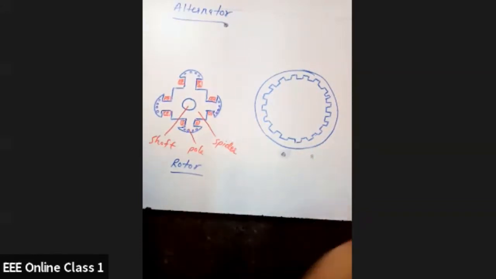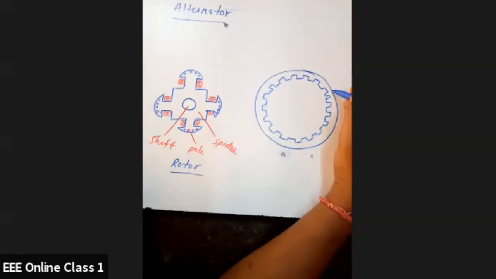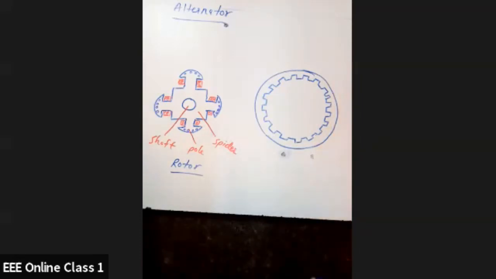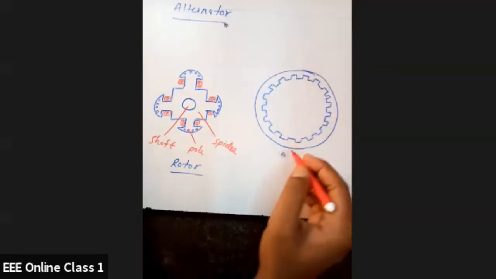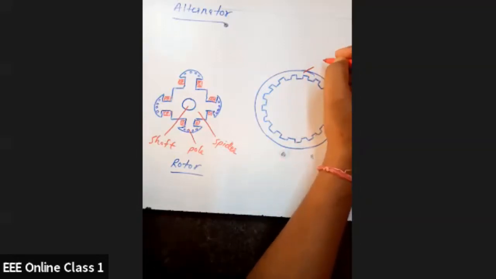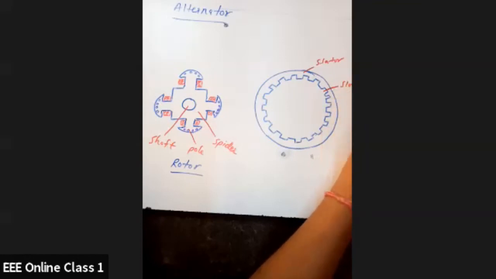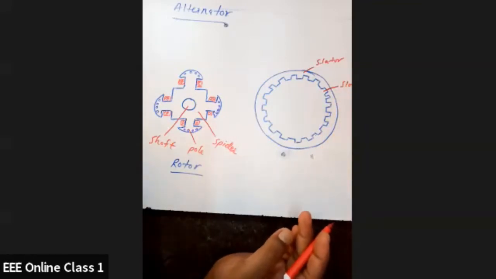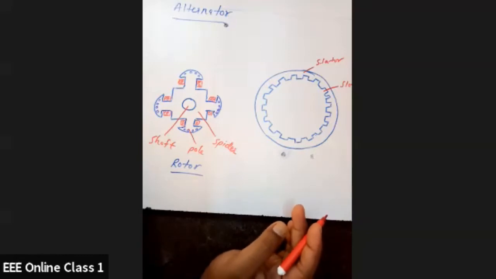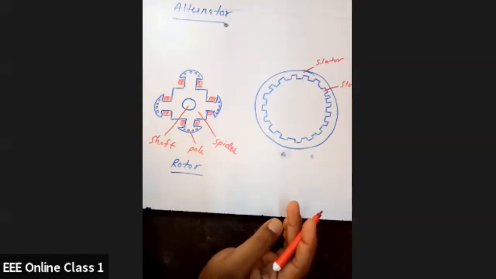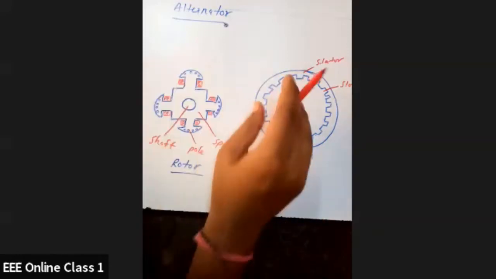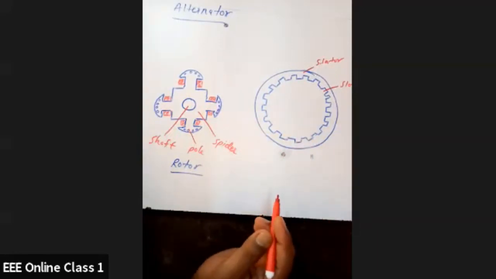This is the outer diameter of a stator, and these are slots. Now when you combine these two, this rotor will go inside this stator, and that becomes a complete alternator end view.